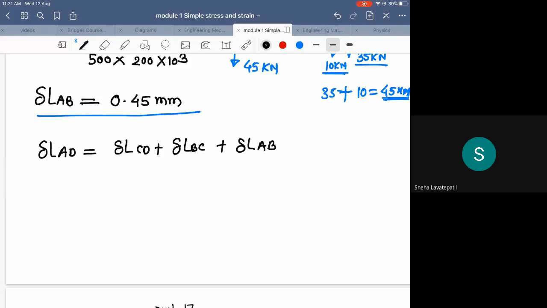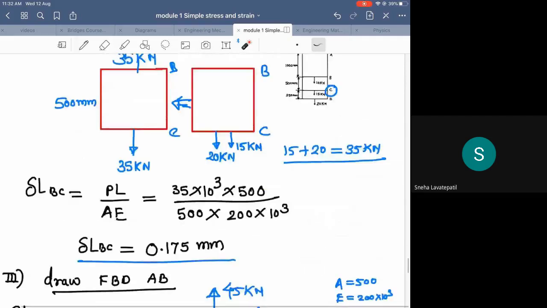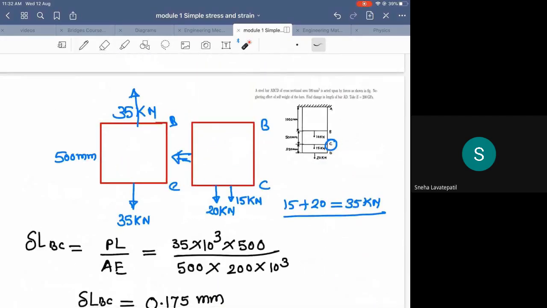Now if you observe the free body diagram, for AB member there is a tensile force. Therefore, there will be extension, an increase in length of the member AB. BC is once again subjected to tensile force, therefore again extension for member BC.